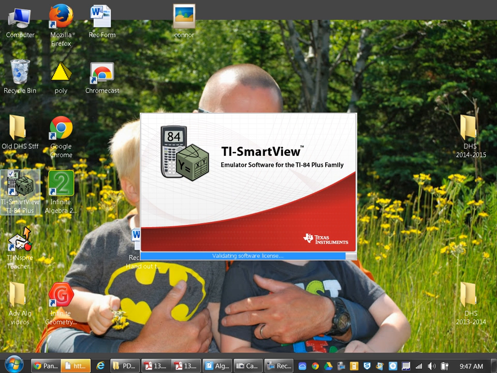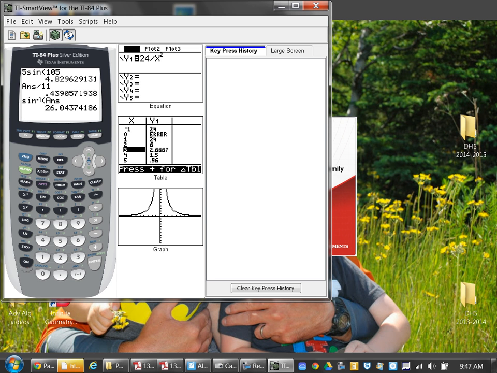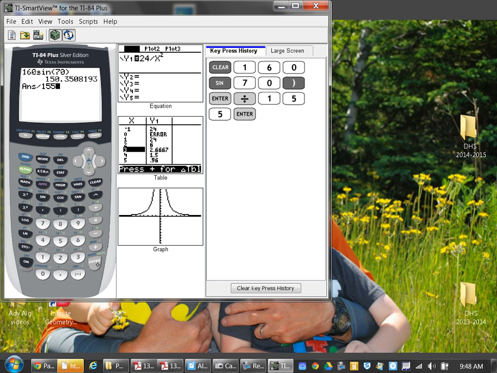So 160 times, type it in exactly the way I had it written, 160 sine 70, enter, divided by 155, enter.